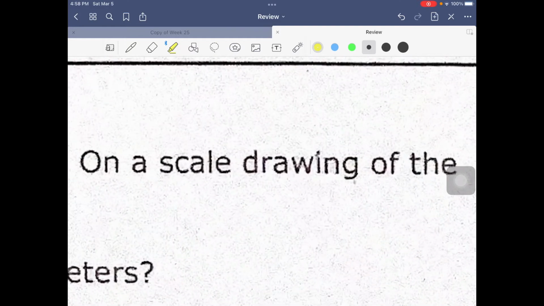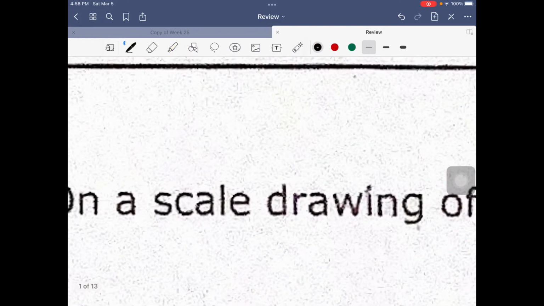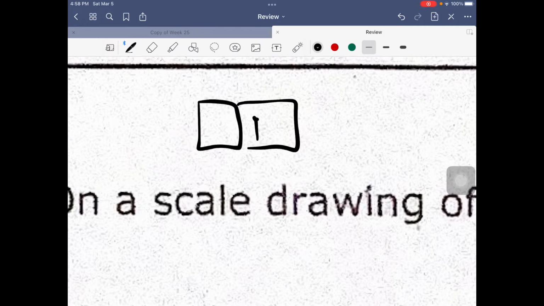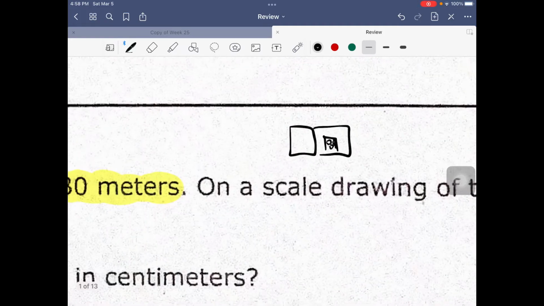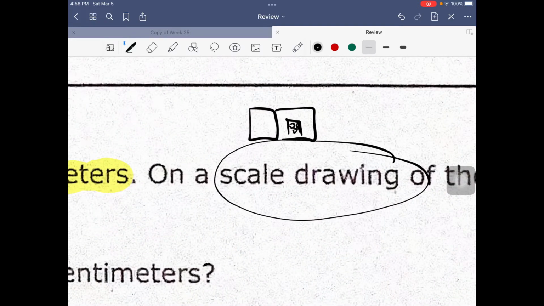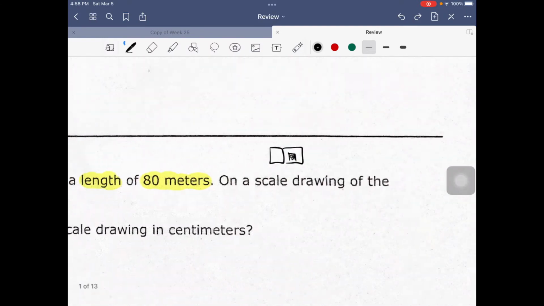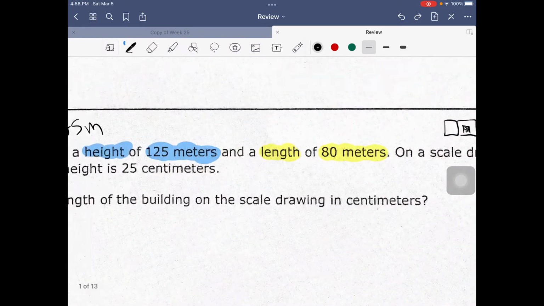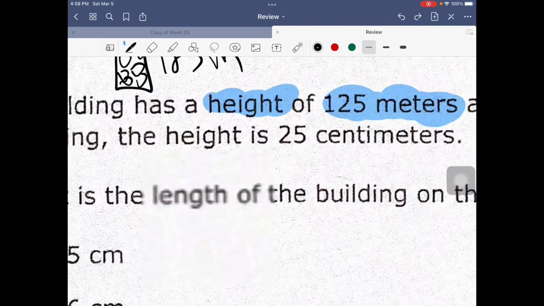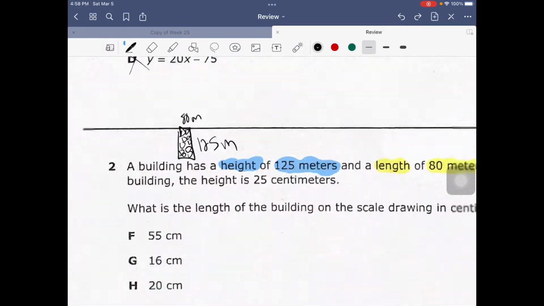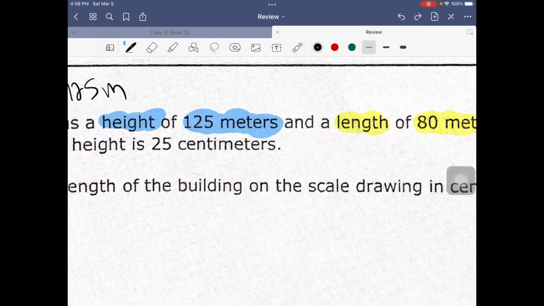On a scale drawing, so someone in their notebook, maybe, they did a drawing of the building. But it is a drawing, so it's going to be slightly smaller than the building. Now, in the scale drawing of the building, the height is 25 centimeters, I'm sorry. What color did we do the height?